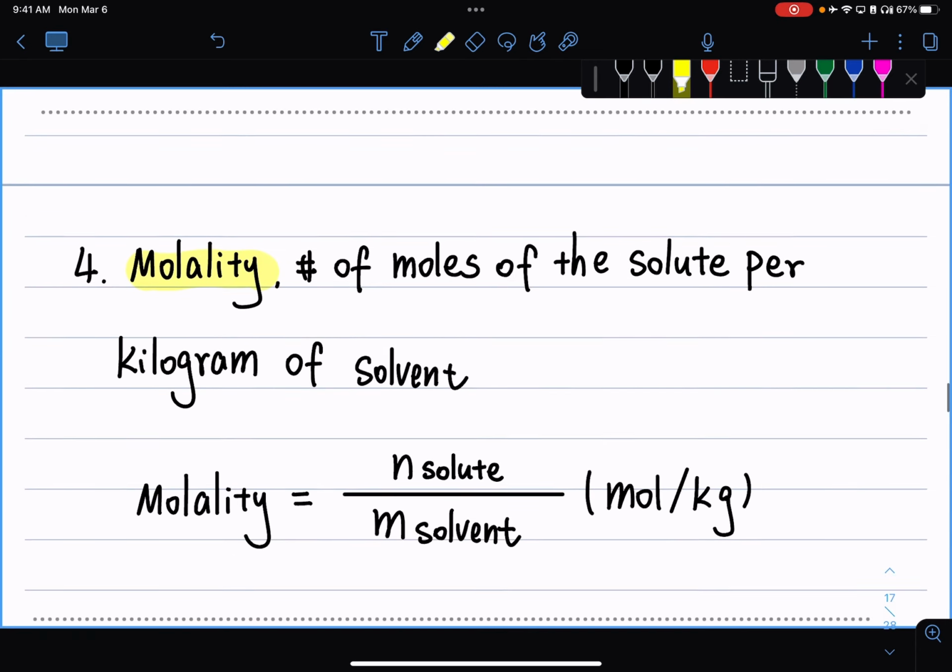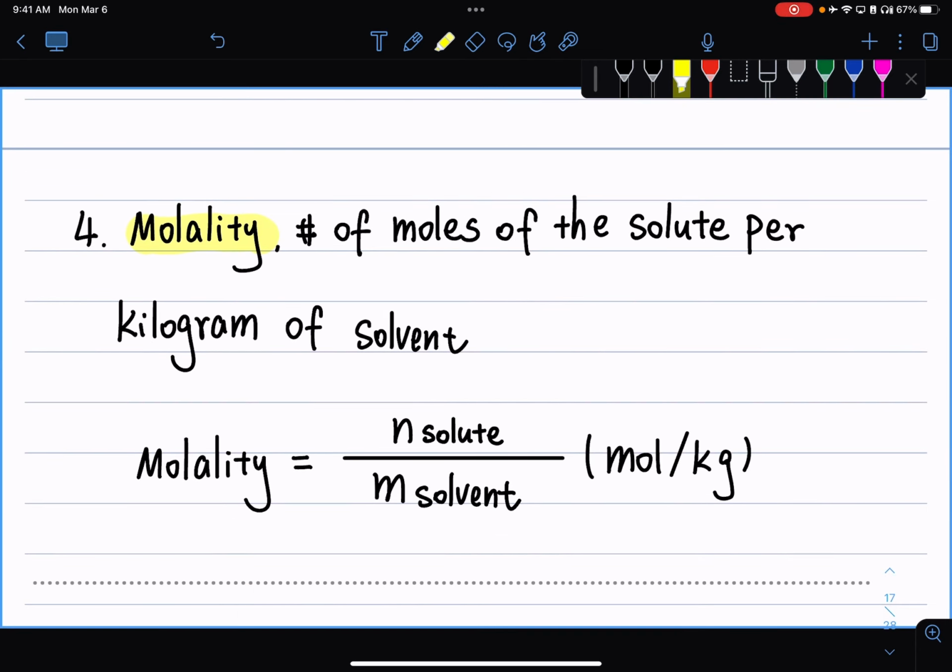Molality talks about the number of moles of the solute per kilogram of your solvent. We use molality in analytical chemistry a lot. This one is a common misunderstanding: molality is moles of solute per kilogram mass of the solvent.